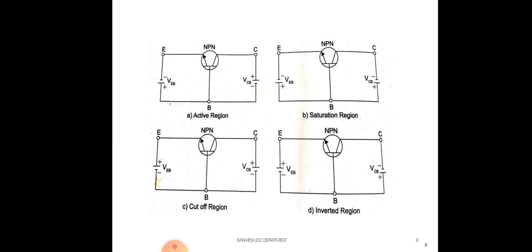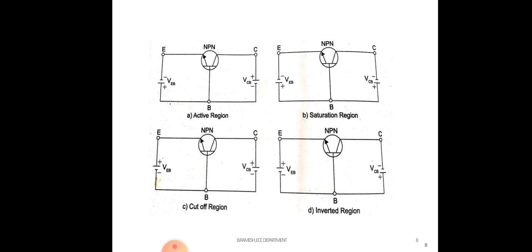By seeing this figure we can make the active region. This is the NPN transistor, so we have to give a negative bias to the N region, and similarly a positive bias to the P region. So this input side junction becomes forward biased. Similarly for the base and collector, the collector is an N region, so we have to make the collector base junction reverse biased.